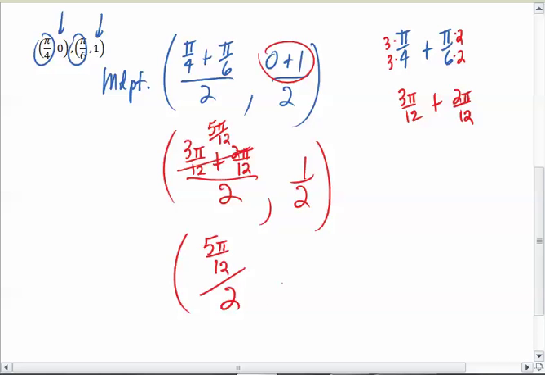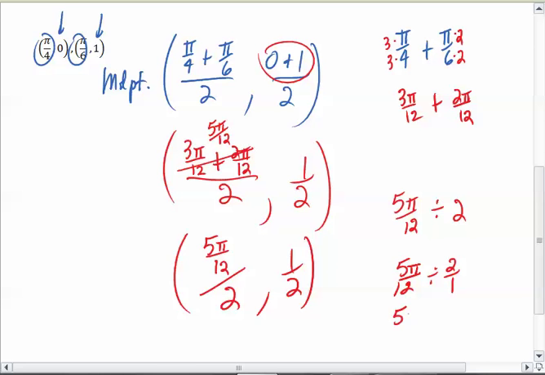We have a complex fraction. I don't want to leave that like that. In fact, I can't leave that like that. So let's look at it in a different way. I'm going to write 5 pi over 12 divided by 2, which is the same as divided by 2 over 1, right? And we know how to divide fractions. We multiply by the reciprocal.